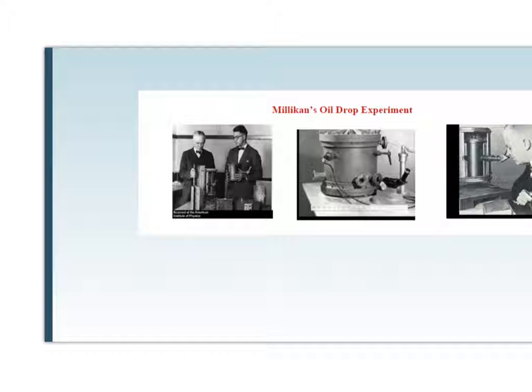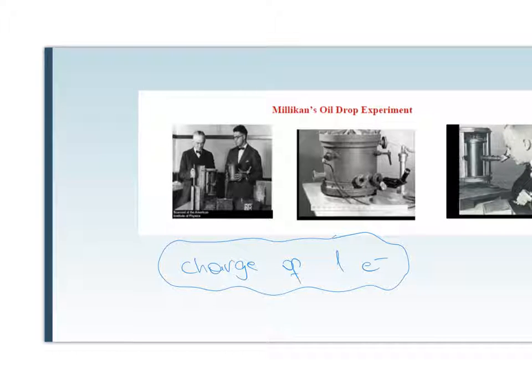Okay, now this experiment seen on this slide belongs to Robert Andrews Millikan. What he did was calculate the charge of one electron. During this experiment, he used oil drops and pulverized them into really small particles.